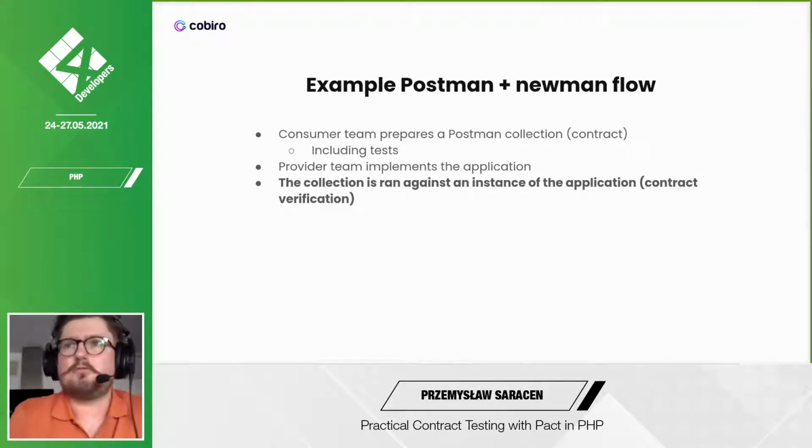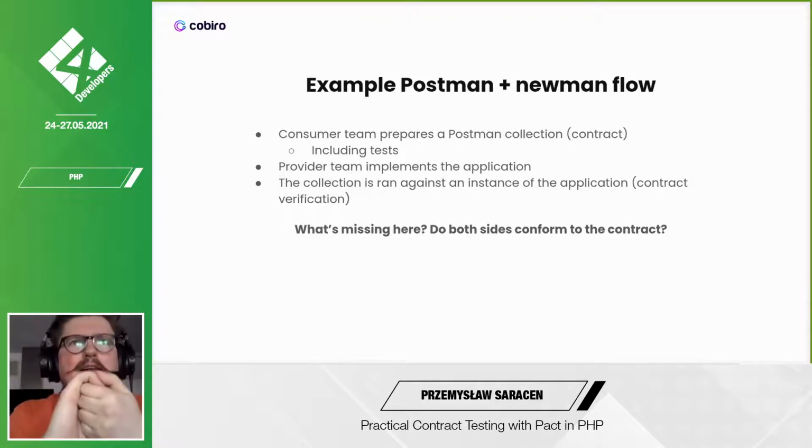And if everything works as expected, every test passes, we can be sure that the provider has successfully verified the contract. It's 100% compatible. So basically, that's a form of contract testing.